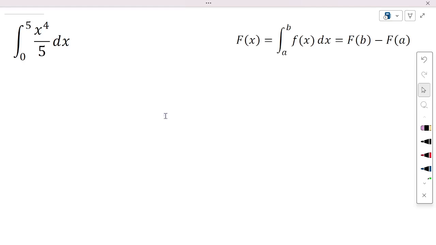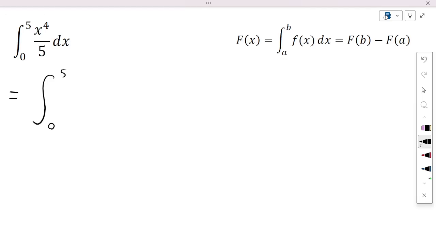Okay, so this is the second last integral that I'm going to be doing for this video. Now what do we notice here? What we are going to be doing over here is rewriting it like this. This is the integral, with the upper limit and lower limit over here.